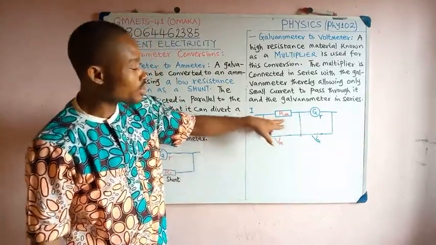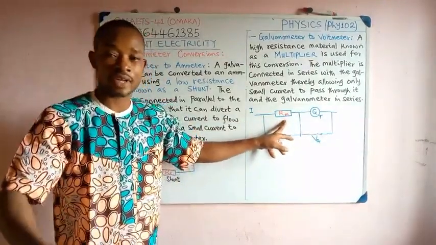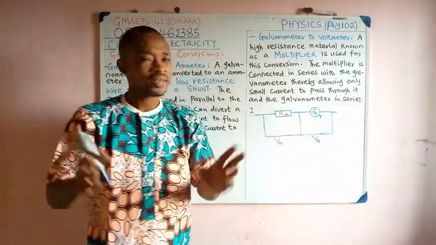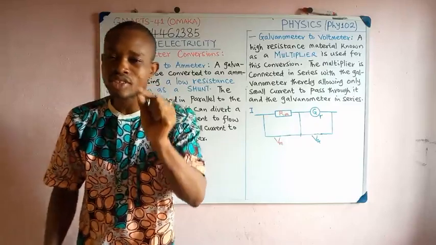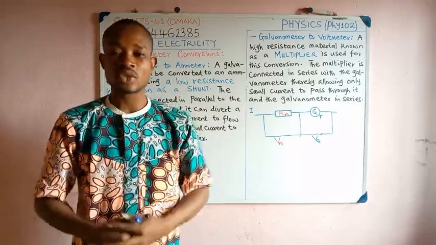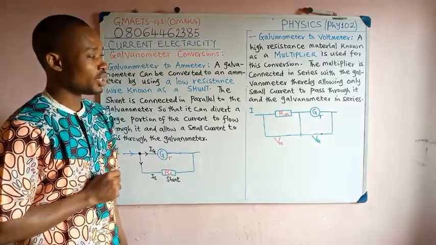Which means that the small amount of current that will flow through the multiplier as a result of its high resistance is what will flow through what? The galvanometer. Remember, a galvanometer detects a small amount of current, which means you want to do the connection in such a way that only a small quantity of current can pass through the galvanometer in each case.